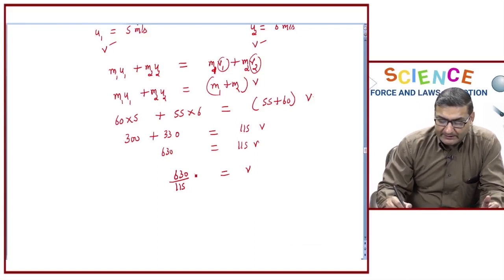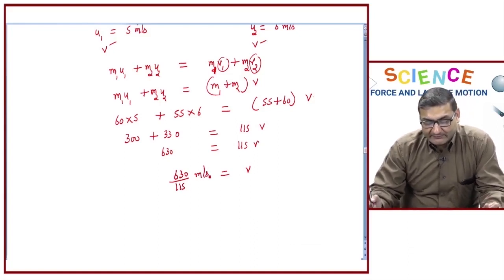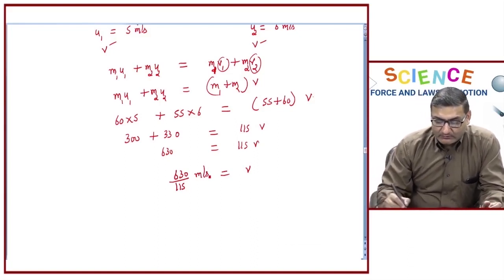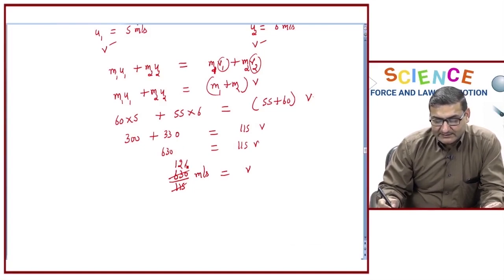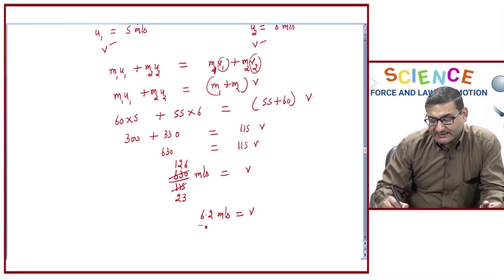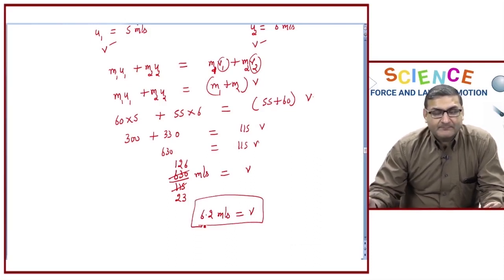Correct? This will be in meters per second, of course, right? Let us calculate. If we just strike it off with 5, I'm cutting it off. 5 1 the 5, 5 2 the 10, and 5 6 the 30. Here I'll get 126 upon 23, right? Now dividing it, the value of v will come out to be 5.5 meters per second approximately.